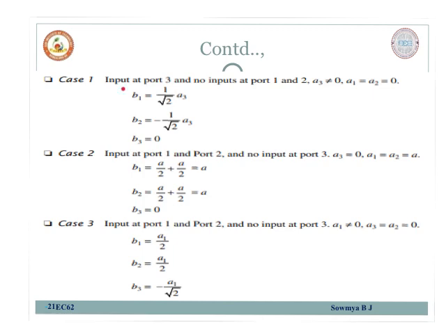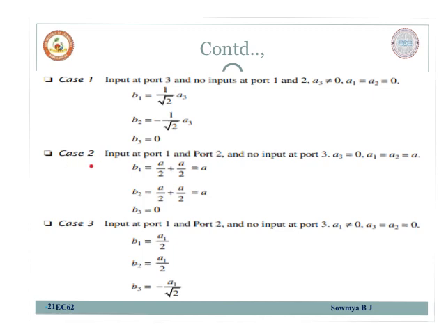The inputs are not there at either port 1 or port 2, and since there is an input at port 3, A3 is not equal to 0. Now, what are the outputs here? B1 is equal to 1 by root 2 A3, B2 is equal to minus 1 by root 2 A3, and B3 is equal to 0 because there is no reflection at port 3, it is perfectly matched.